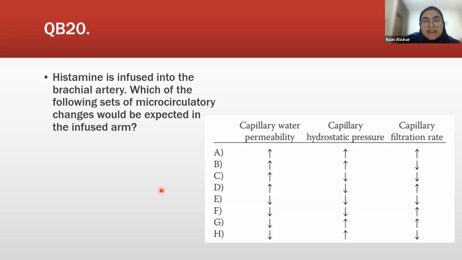Try again, guys. No, it's not D. Good thinking, but try again.